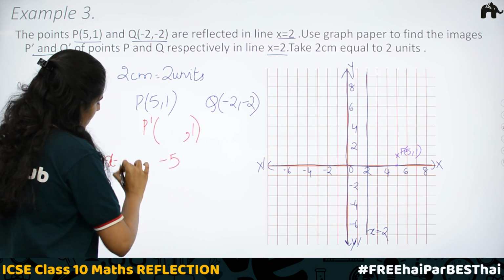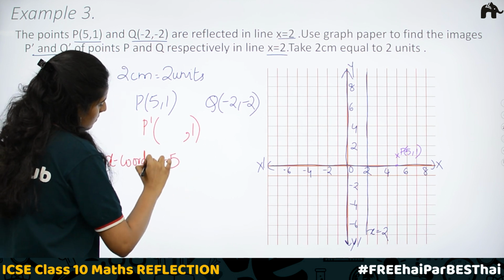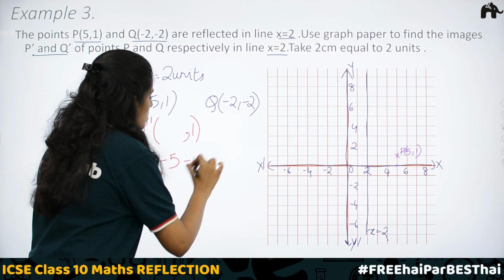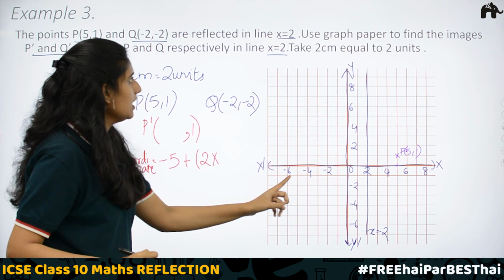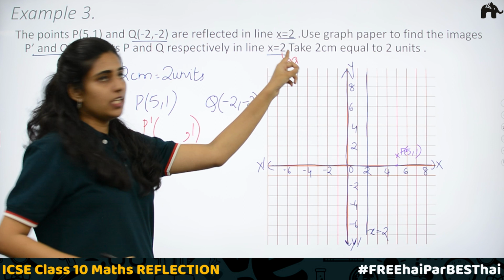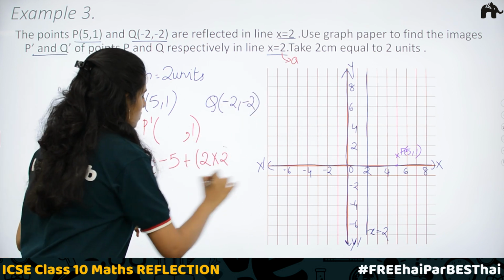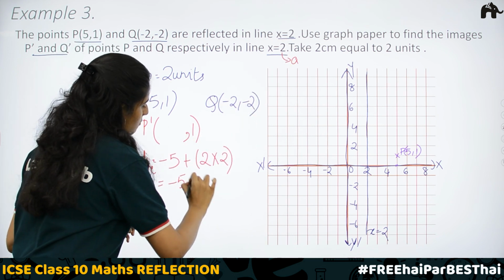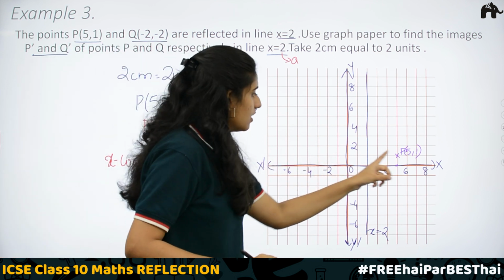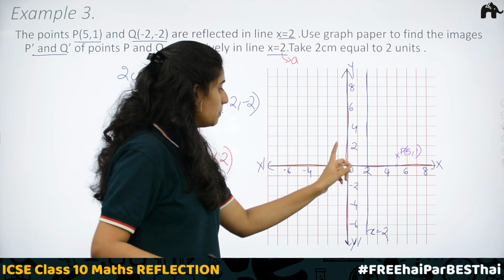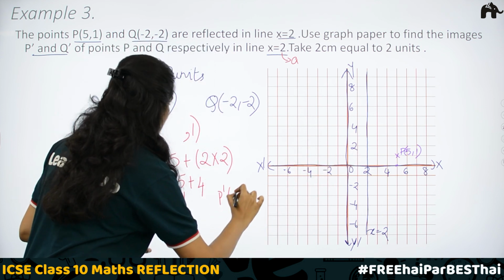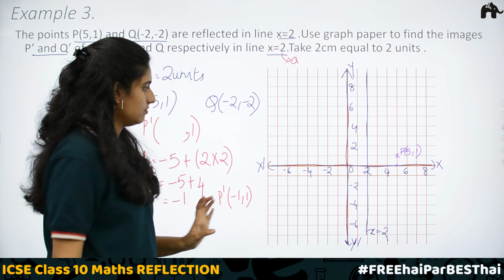To get the x-coordinate, minus 5 plus 2 into a. What is a here? X is equal to 2. Therefore, the a value will be equal to 2. 2 into 2, which is minus 5 plus 4 equal to minus 1. So, we will get a point P dash, which is the image with coordinates P dash minus 1, 1.